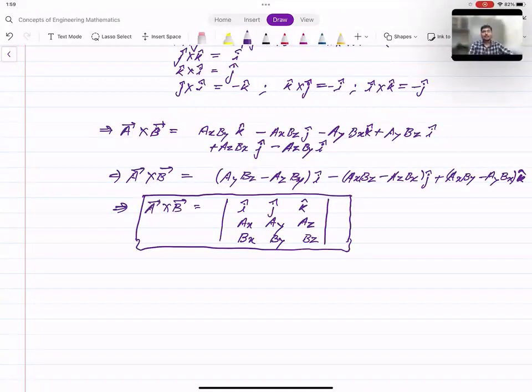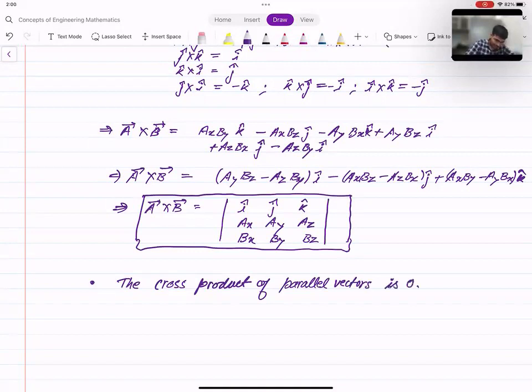Also, there was an important result for the dot product, that the dot product of perpendicular vectors is 0. Here the cross product of parallel vectors will be 0 because the angle between them will be 0 degrees and sine 0 is 0. So the cross product of parallel vectors is 0.